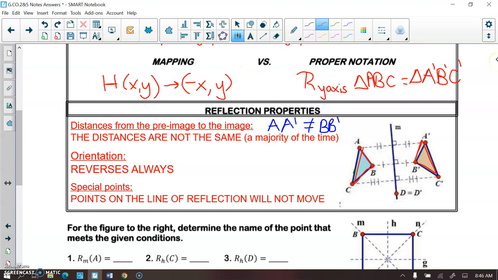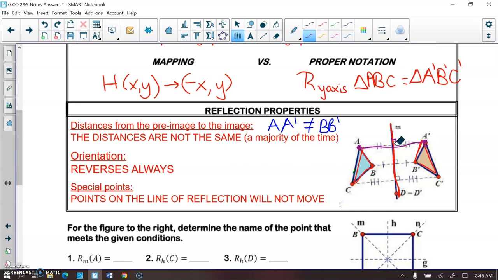Now, the line that we are flipping it across is called line M. This is called the line of reflection. And the line of reflection is always the perpendicular bisector between your pre-image point and your image point. So if I were to connect point A to A prime together, my line of reflection would be perpendicular to that line.